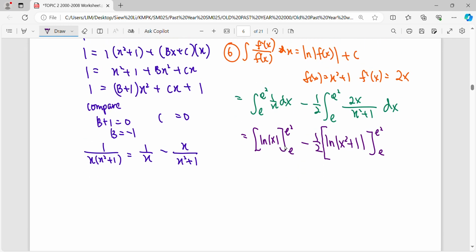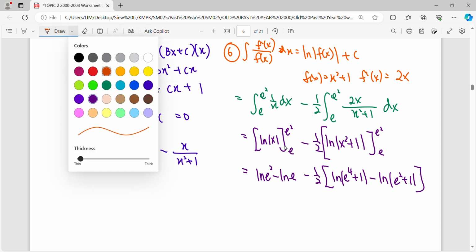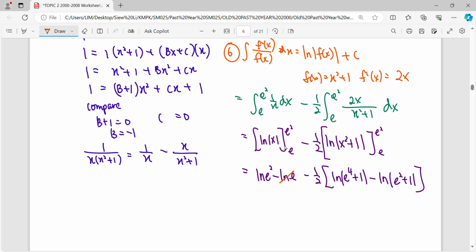Then we substitute upper limit minus lower limit. So ln e squared minus ln e, this is ln of e to the 4 plus 1, minus ln of e squared plus 1. ln e simplifies to be 1. Then the 2 moves to the front, simplifying to be 1.